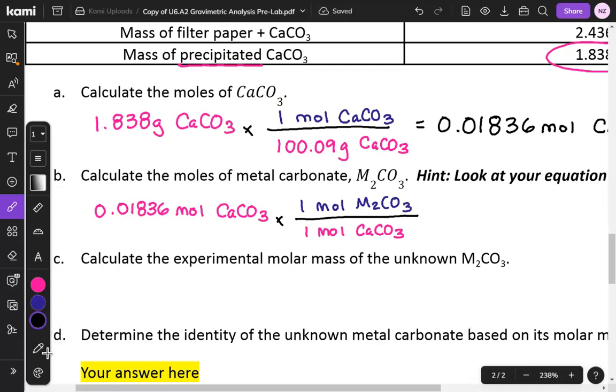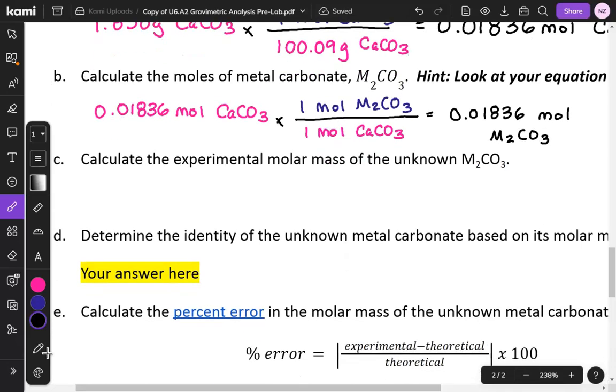So we're going to get the same number, but we're changing over to units of our metal carbonate. I know this step seems a little silly, but it's important to show where this came from. Okay.